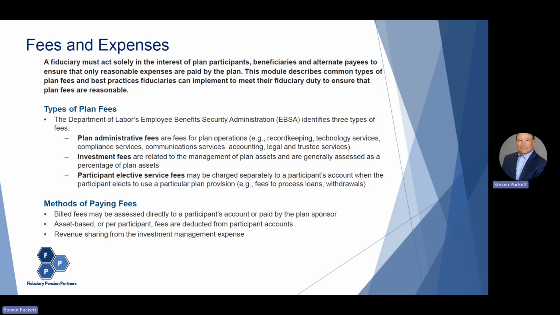Investment fees are typically related to the management of the plan assets and the investing of those plan assets, and they are generally assessed as a percentage of plan assets. Thirdly, you have participant elective services. These may be charged specifically to the participant that decides to use an elective service, i.e. getting a new loan, getting a distribution, or rolling over money.